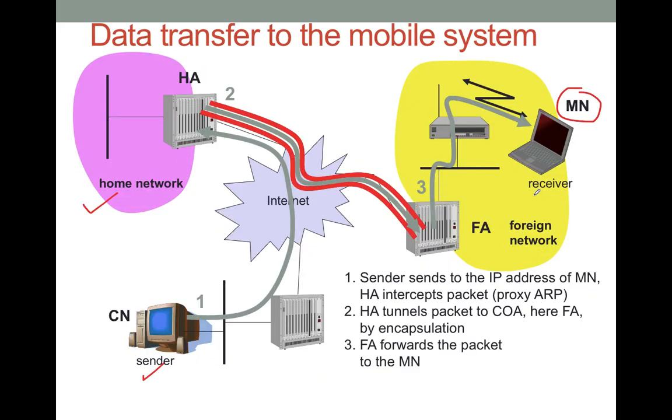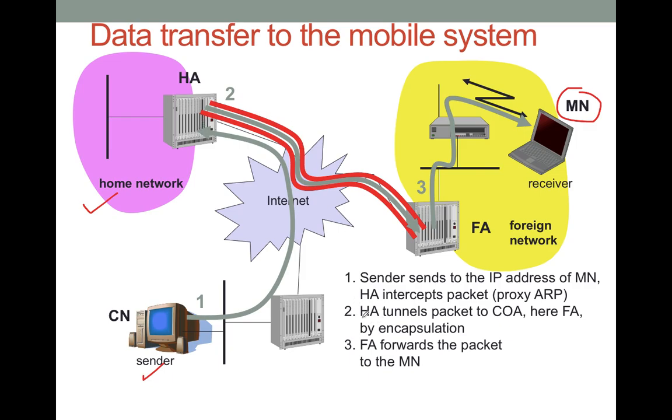Of course, prior to that there is a communication: the mobile node has already informed the home agent that it is currently at the foreign network. So when the tunnel is set up, the communication will be forwarded.